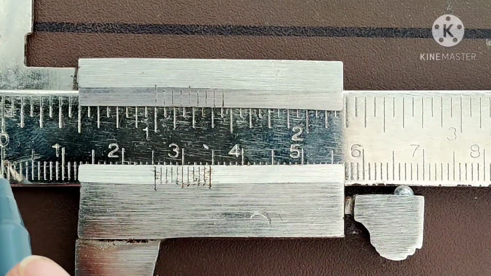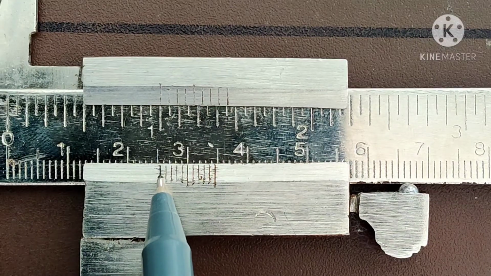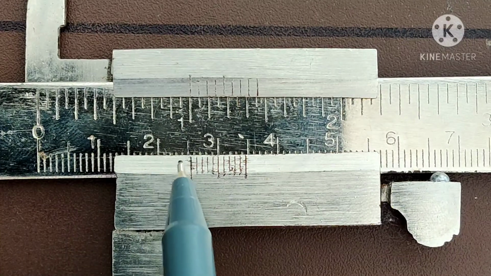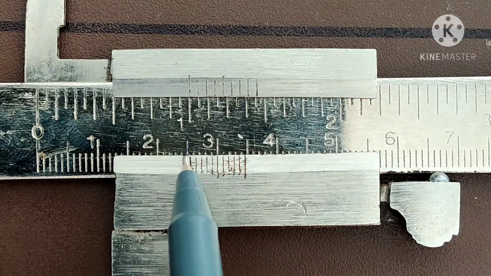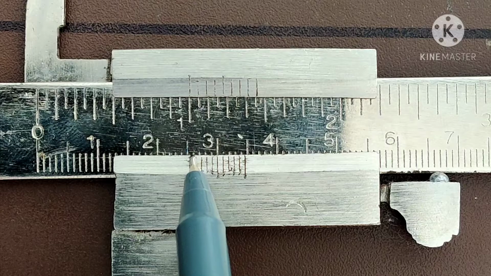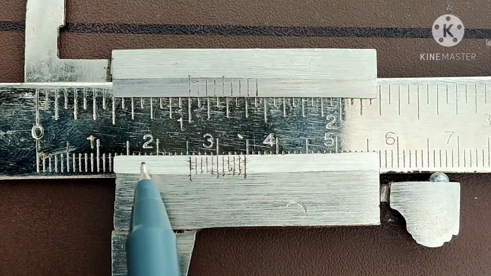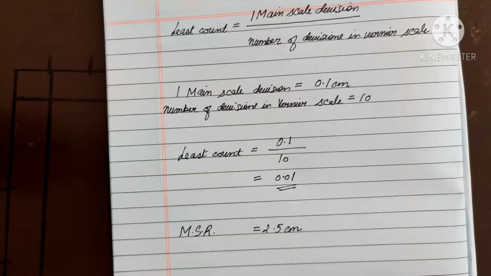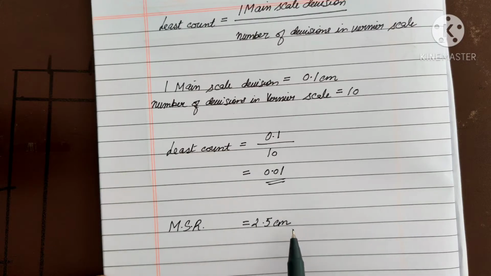Okay, we calculate the main scale reading up to this point. Okay, so here this is 1 centimeter, this is 2 centimeter, then this is 2.5, and this mark is between 2.5 and 2.6. Okay, so the main scale reading that we are going to take is 2.5. So the main scale reading is 2.5 centimeters.